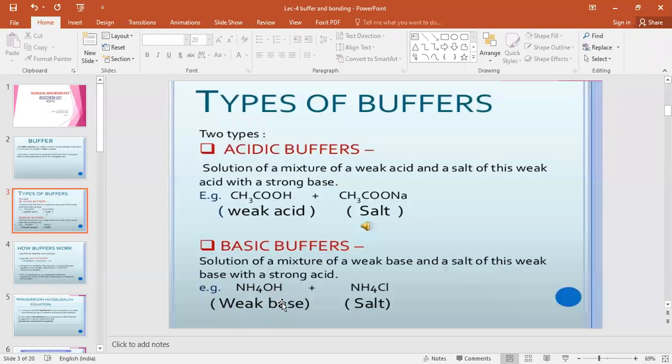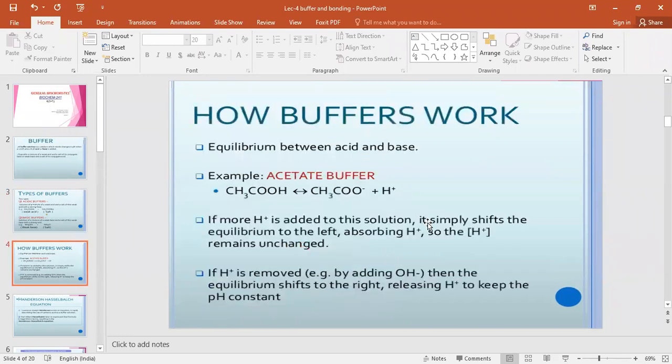If you take the weak base NH4OH, then the salt is NH4Cl. There are two types of buffer system: acidic buffer and basic buffer. It is an acid and its conjugate base. When we combine this mixture, then we can call it a buffer system.